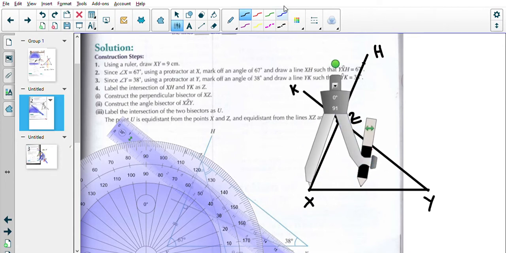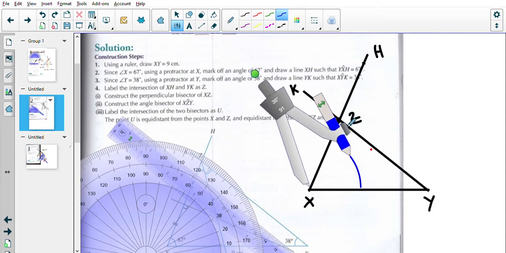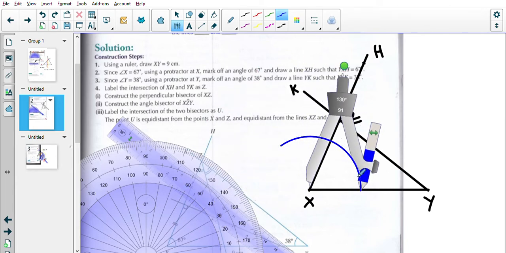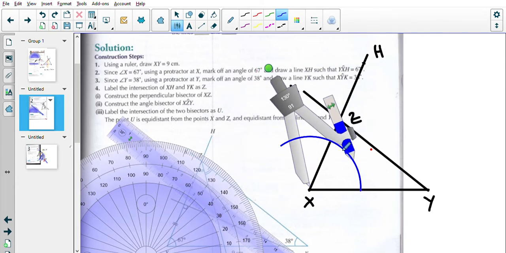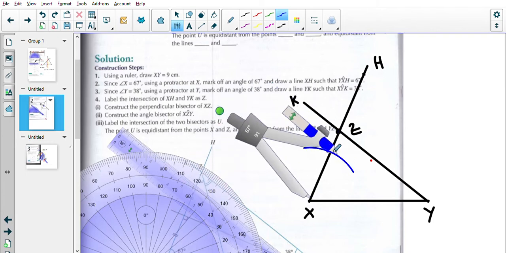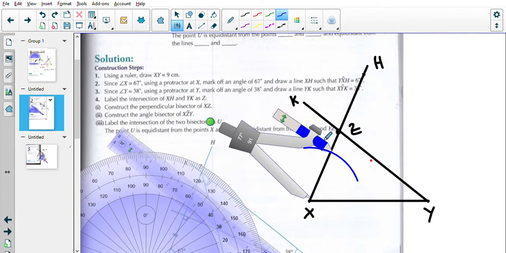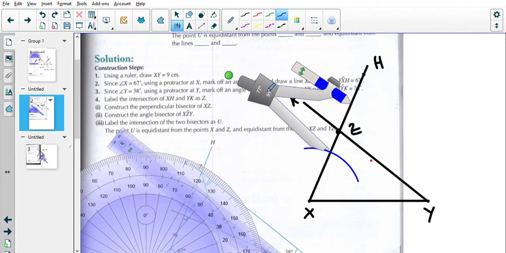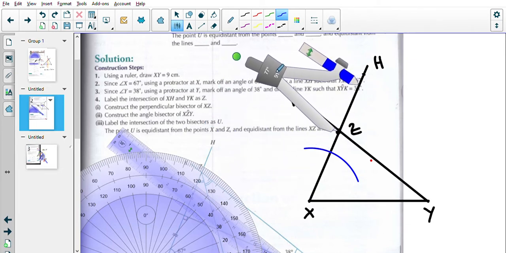I will use the blue line to indicate the arc of this one. Remember that it's not from X, but okay, you can use this one. Now don't forget, we will use the same arc, the same radius, and put it on Z like this.